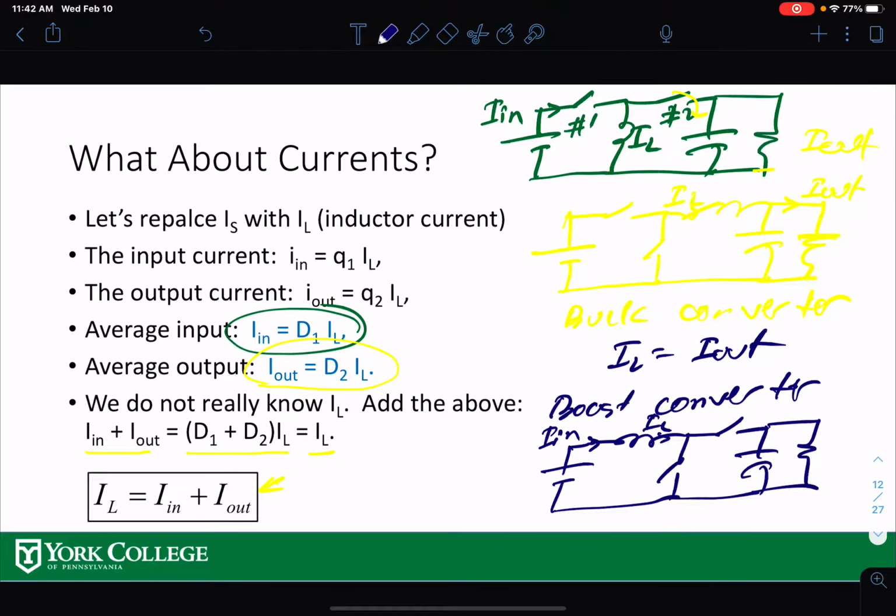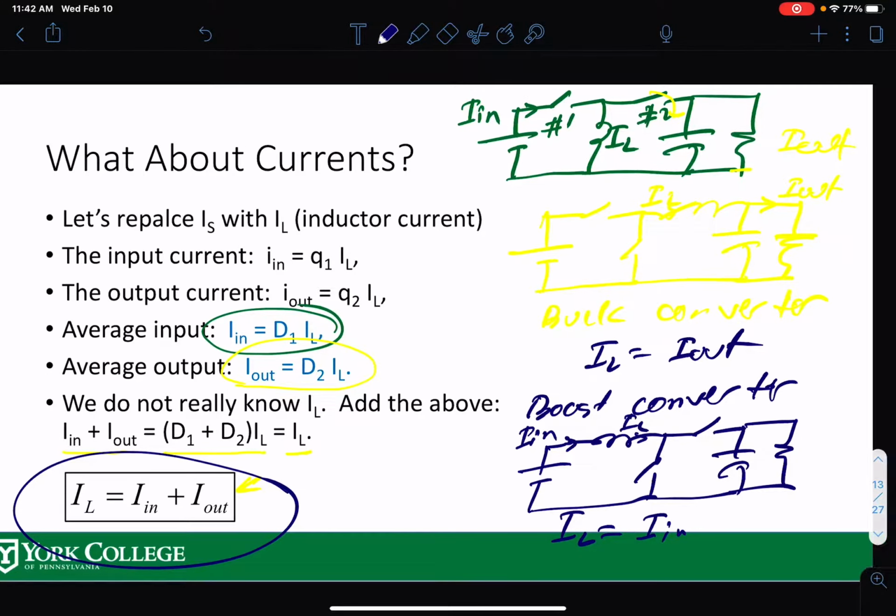So you can see that your average IL is equal to average I in. That means for the boost converter, your inductor current is input current, so the inductor should be rated for the input current. So these are the three different cases, and for the buck boost converter, your inductor current is input current plus output current average, so it should be rated for both input and output current. All right.